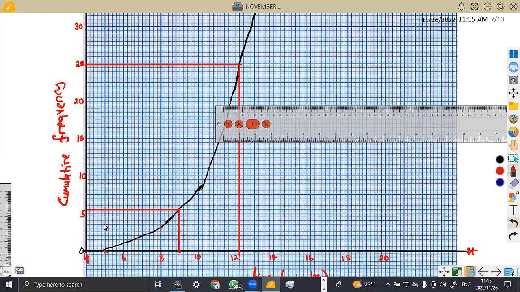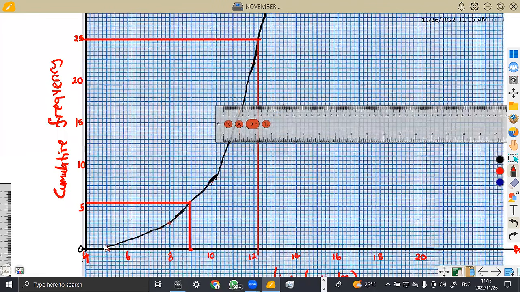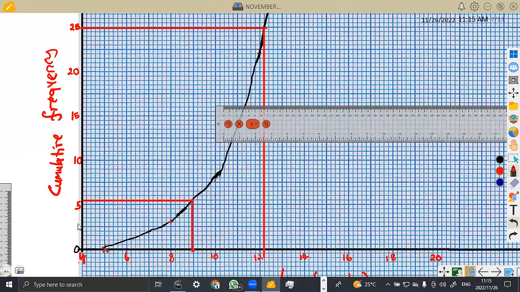According to the scale, 2 centimeters represents 5. So each box, no, 2 boxes are representing 1. Sorry for that. Like this is 1, this is 2, 3, 4, 5. So this will be 5, and the next one is supposed to be 6.